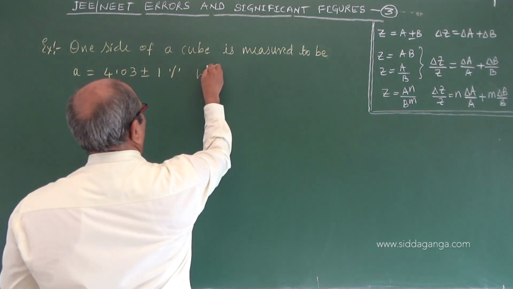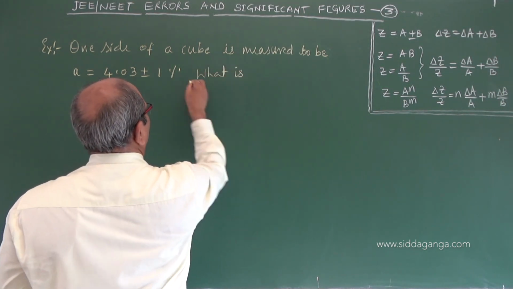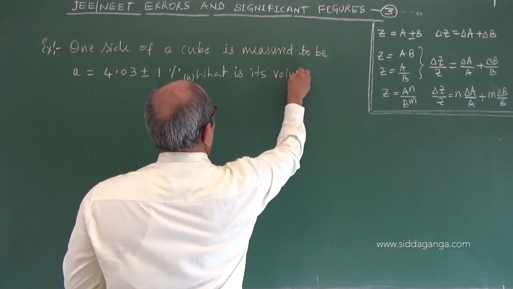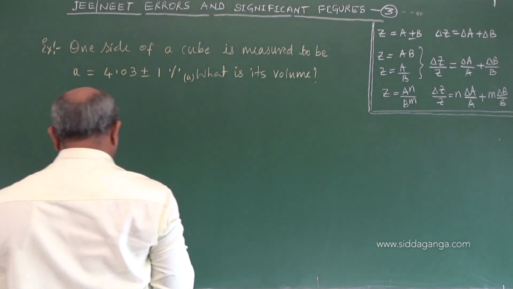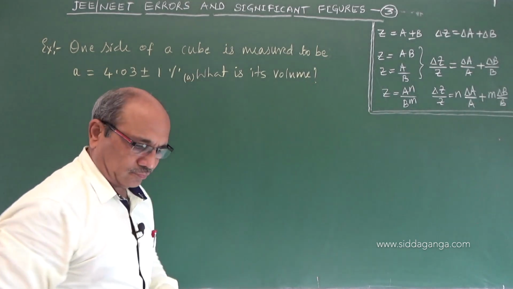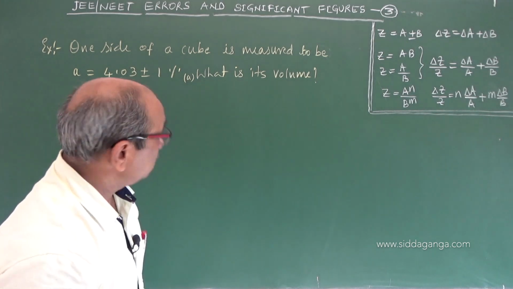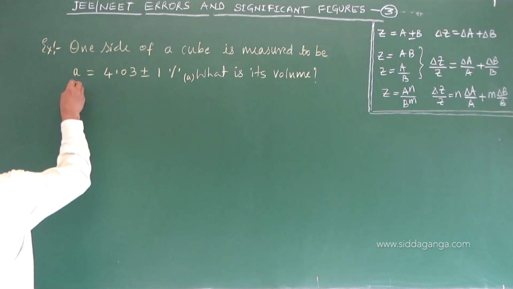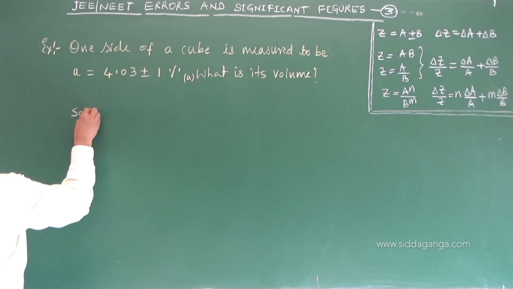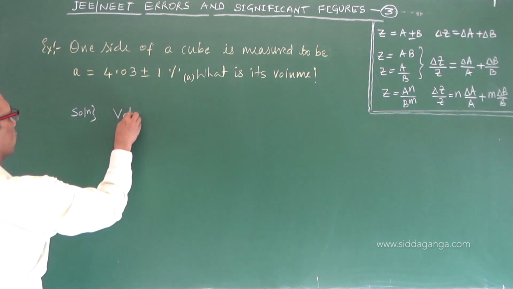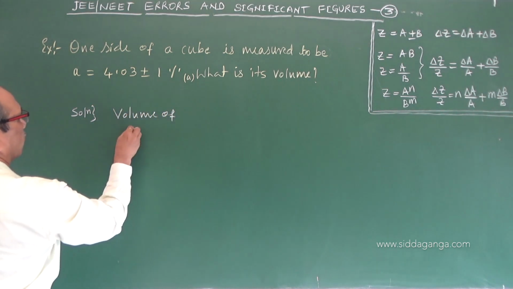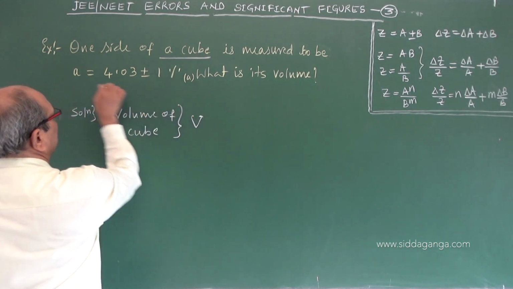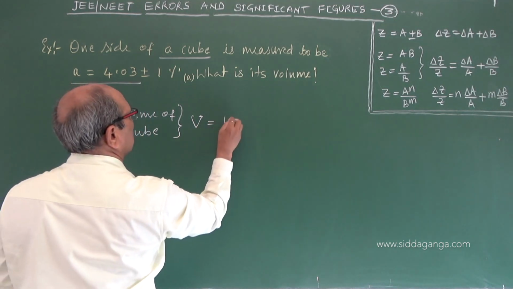What is its volume? See, this is each side of a cube. Volume is asked from this side. Solution: think of the volume of the cube, because you have taken the cube. If you know this side, you can write it as L cube.